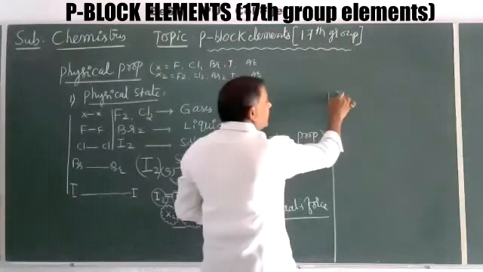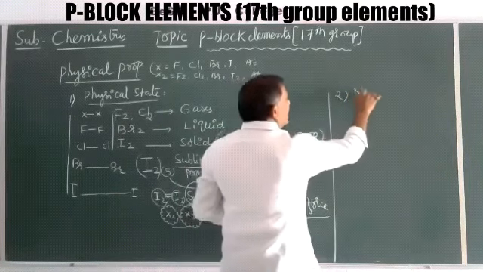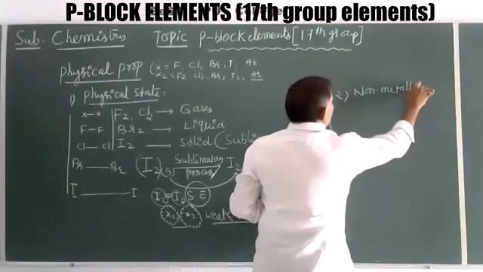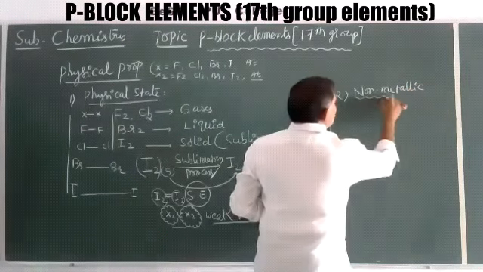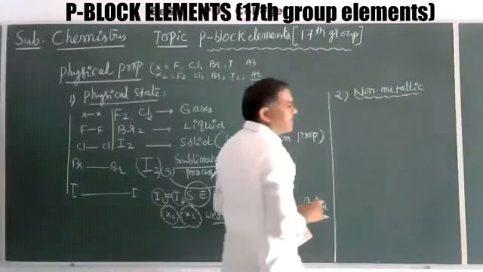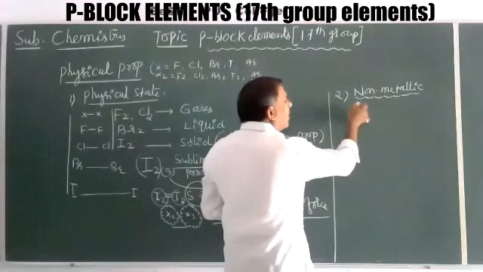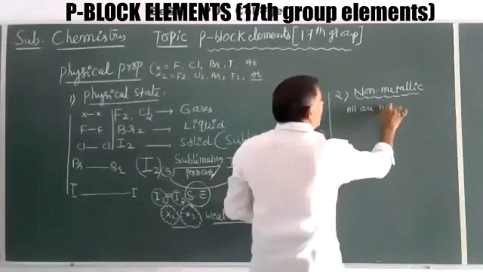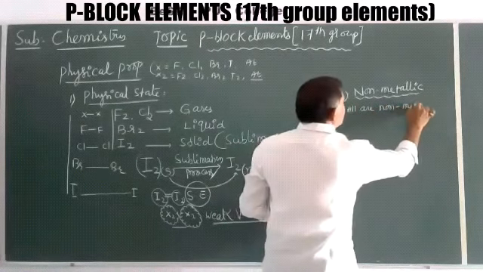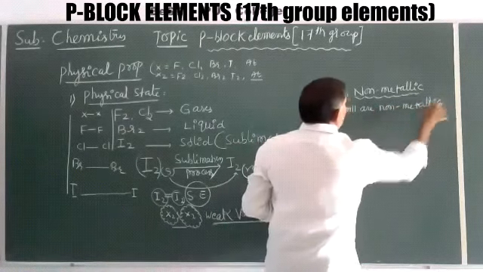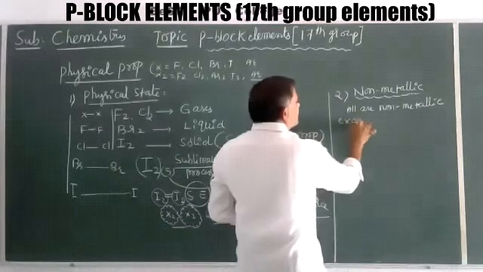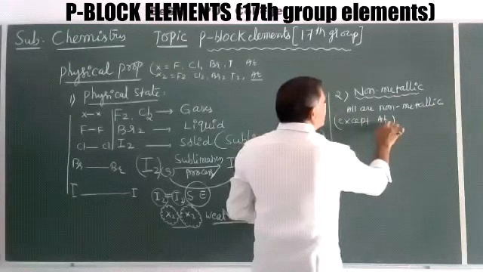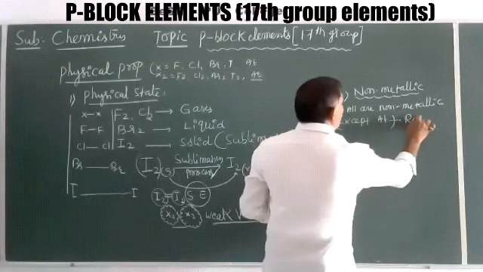Second important point is non-metallic character. In this 17th group, almost all elements are non-metallic in nature, except astatine, because astatine is a radioactive element.